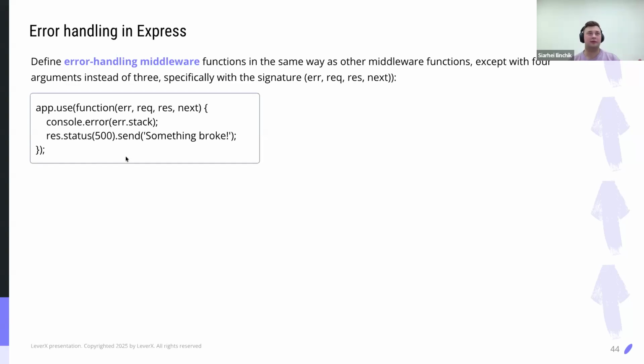before this middleware. So as you know, order is important in Express. And for the error handling middleware, it's not an exception. So in order for your error handling middleware to actually do error handling, you need to specify this middleware as the last one, because potentially you can have an error from any middleware, from any request handler, from any endpoint, and in order to react on this error, you need to specify this middleware last.